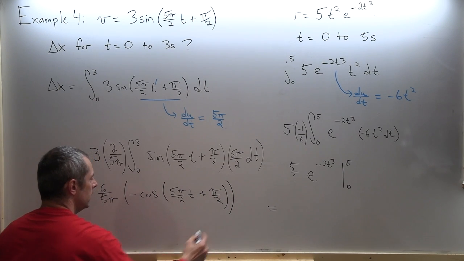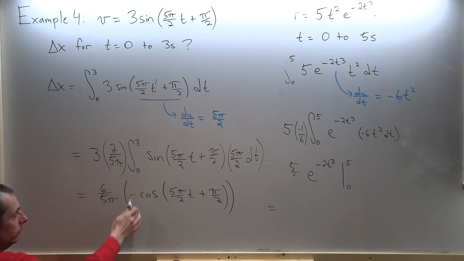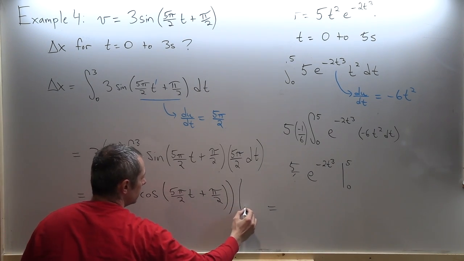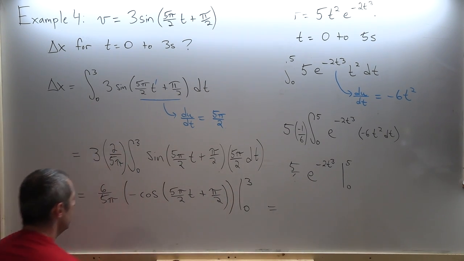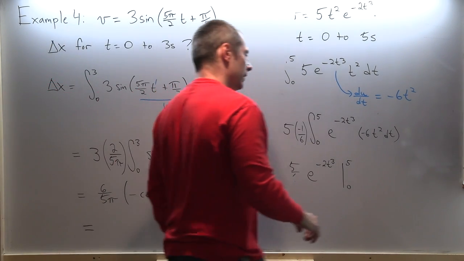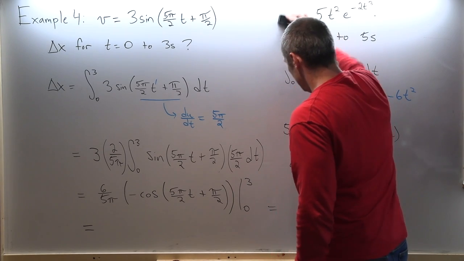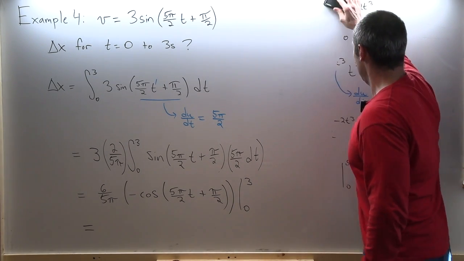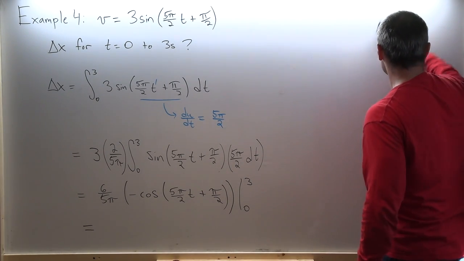Okay, so there, integral negative cosine, and then I evaluate from 0 to 3 seconds. And so what I can do is just plug in those limits, punch the buttons on my calculator, and I'll have the answer. Okay.